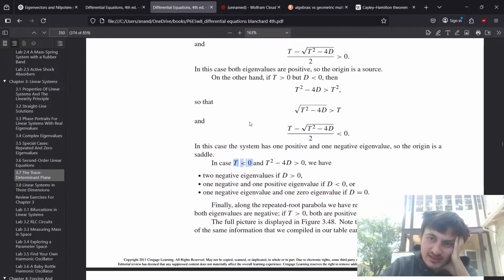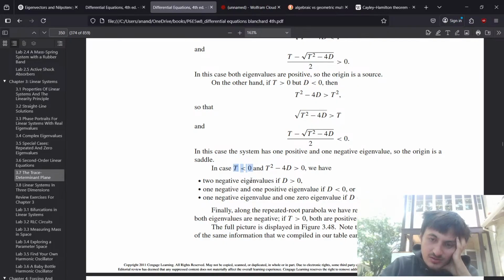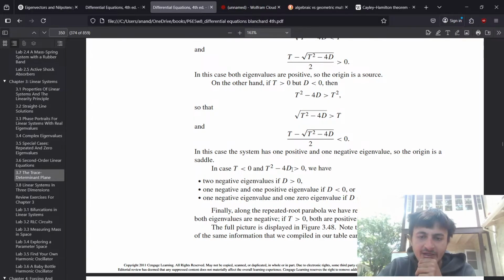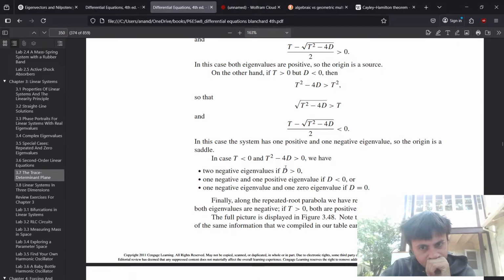Okay, so in the case that t is less than 0, this is going to be positive, and this could be positive or negative. So if d is greater than 0, wait, why do we get two negative eigenvalues?